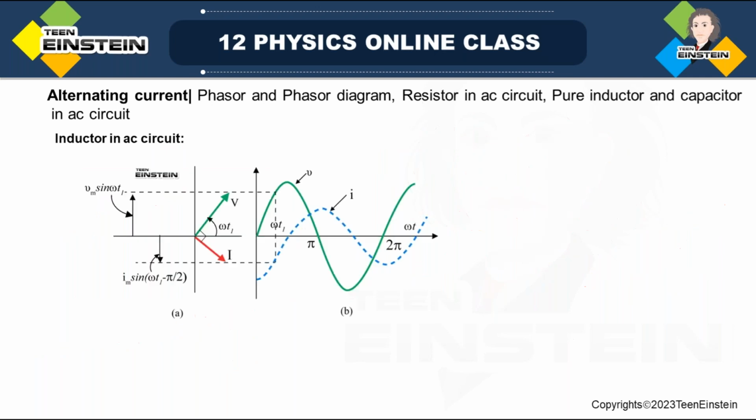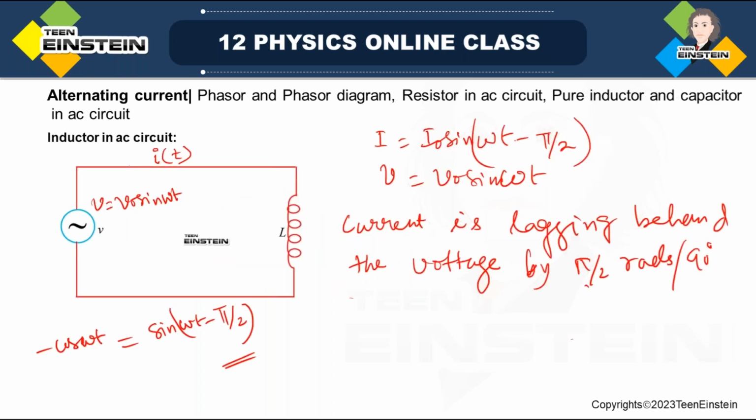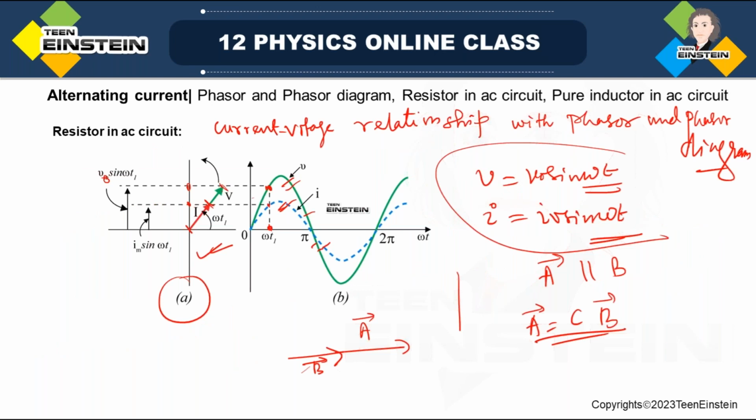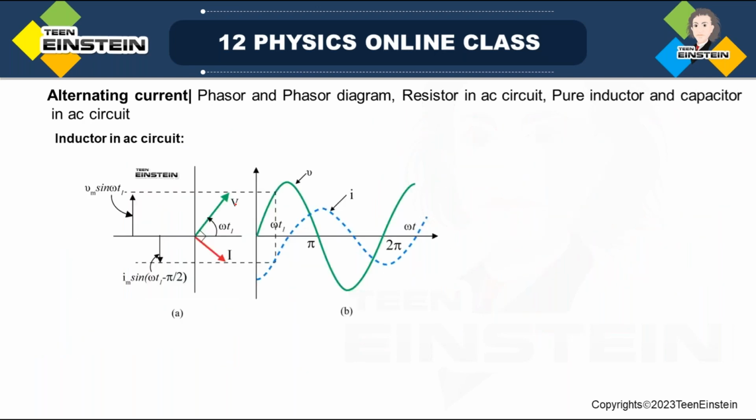If we look at the Phasor diagram, we have to show that the current is pi by 2, or 90 degrees, lagging behind, whereas the voltage is leading. Look in this diagram, this angle is 90 degrees, isn't it? This is the phasor of current, this is the phasor of voltage.